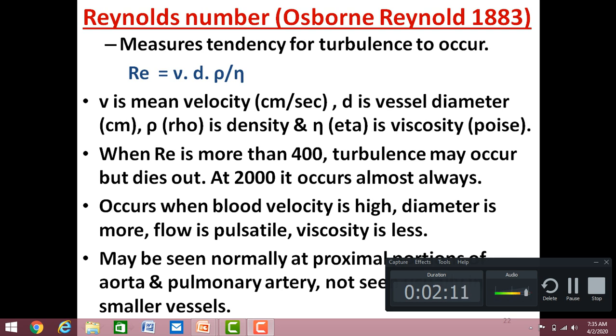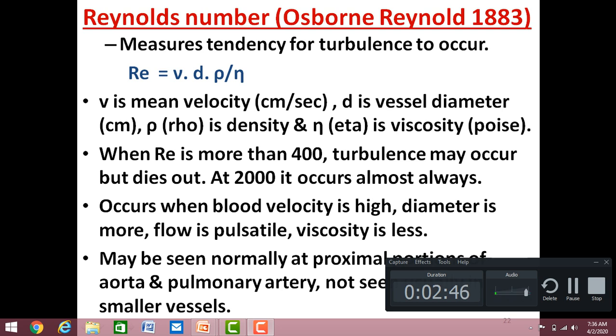That means turbulence may occur usually in the initial part of the ejection phase, and that also at the root of the aorta, immediately distal to the aortic or the pulmonary valve, where there is an abrupt dilatation of the vessel lumen. So from 400 to about 2000, the turbulence will occur, and then at 2000 or beyond that, there is always turbulence of blood flow.